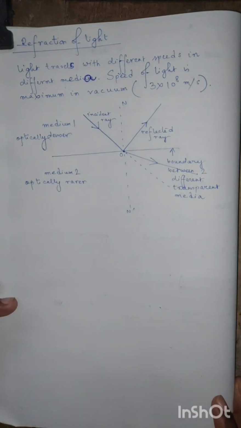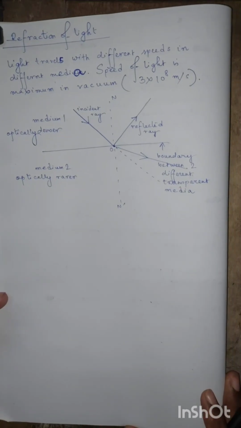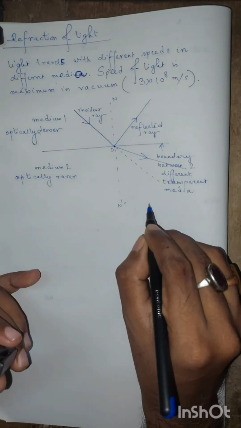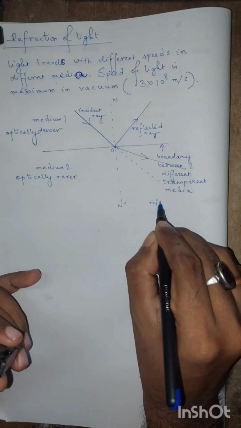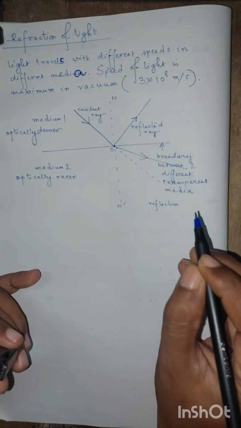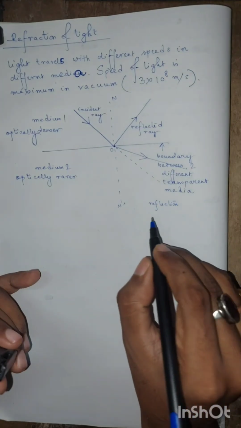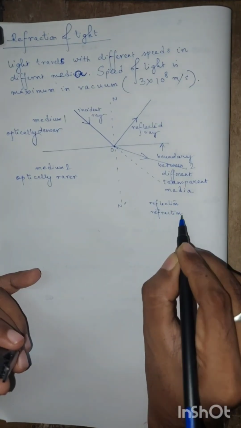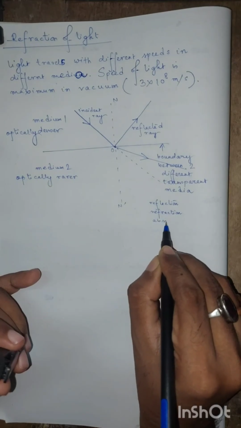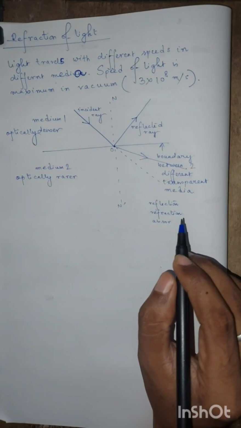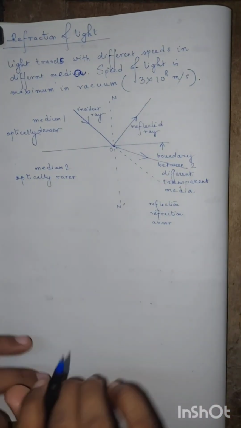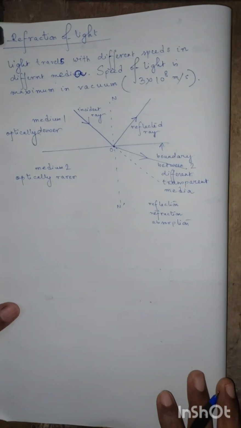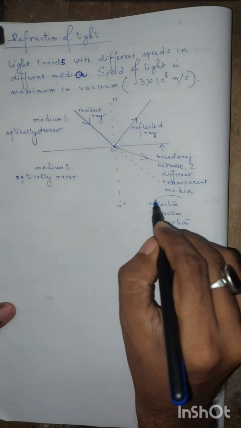Okay, so three things happen: reflection, refraction, and absorption.